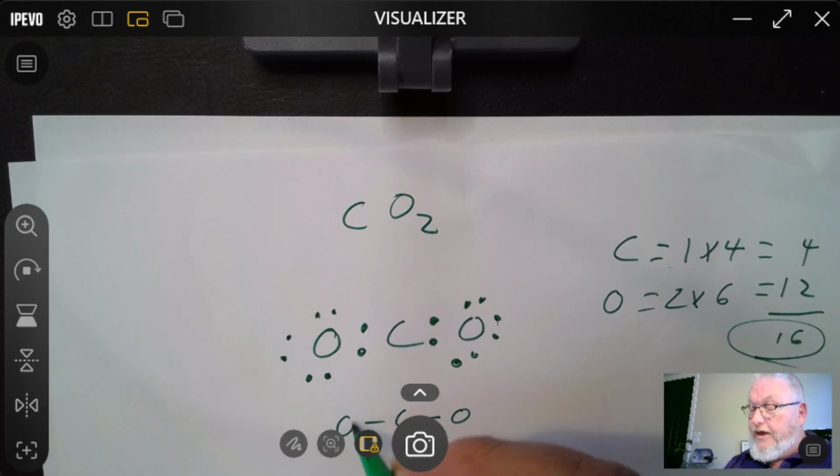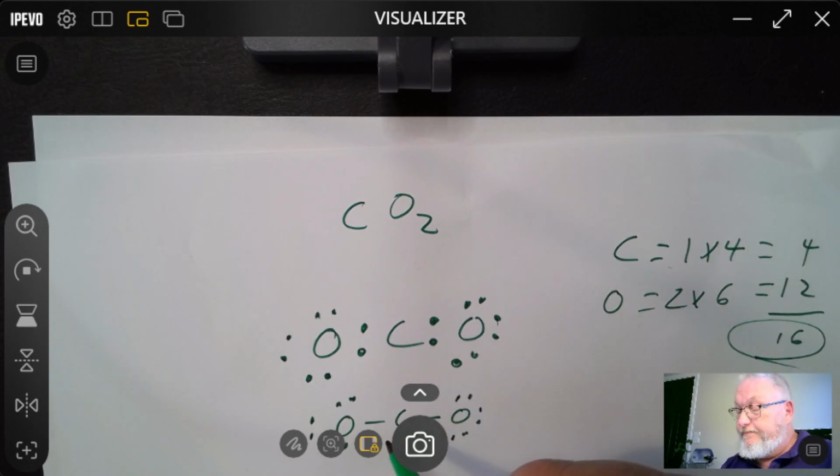Clean that up with lines. That means there's no electrons around the carbon, just the 4 that it's sharing. But let's see if this makes sense. I've got 2, 4, 2, 4. I've got 4 at the carbon. I've got to have an octet. Missing 2.